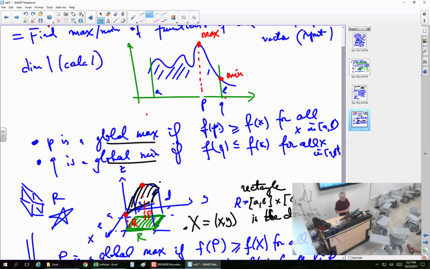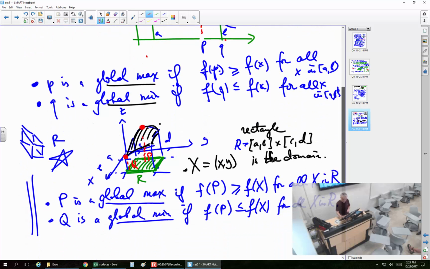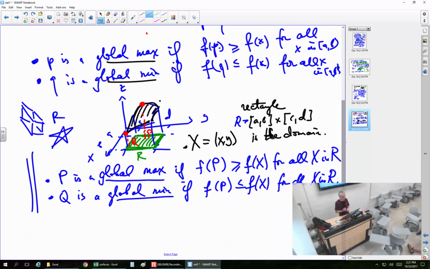It is very common. So what to do with it is fairly simple. We will go with the first derivative test, the first derivative test from calculus 1. We're not going to do, we could, but we probably won't, the second derivative test.